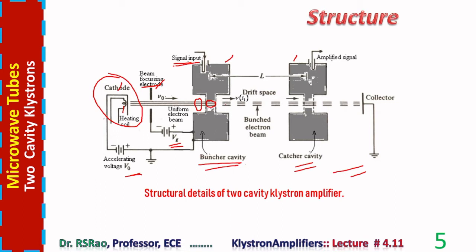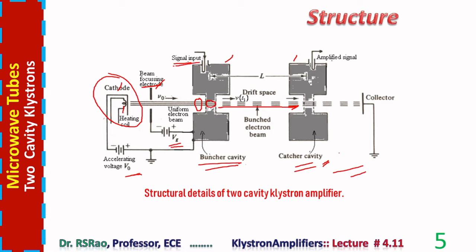The velocity modulated beam, while traveling through the drift space, undergoes density modulation, resulting in the formation of electron bunches. These bunches then deliver energy to the grid gap of the catcher cavity. In fact, bunches carry the signal. Signal is there in the bunches.